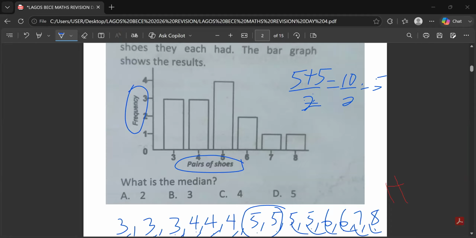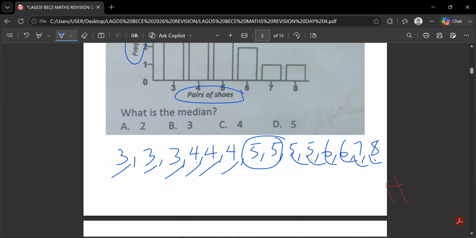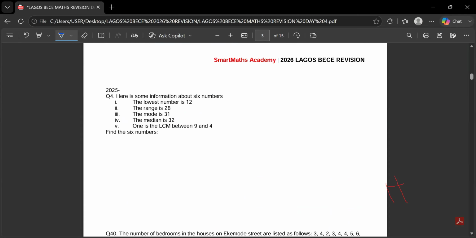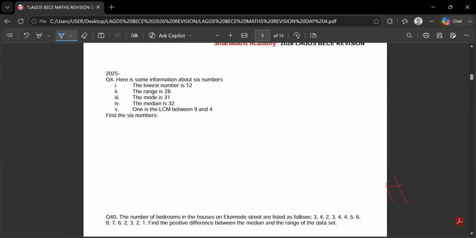All right, very good. Let's go to the next one. The next question we have here is 2025. Here is some information about 6 numbers. The question says, the lowest number is 12.